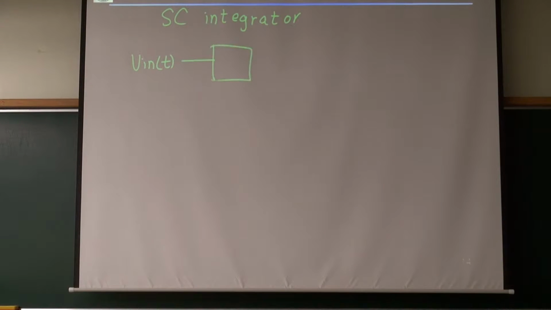So I have my switched capacitor here, that resistor part. Okay, this is my switched capacitor integrator. So the feedback capacitor remains the same, right? The resistor is replaced by a switched capacitor.